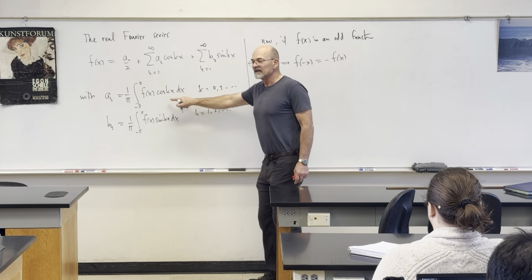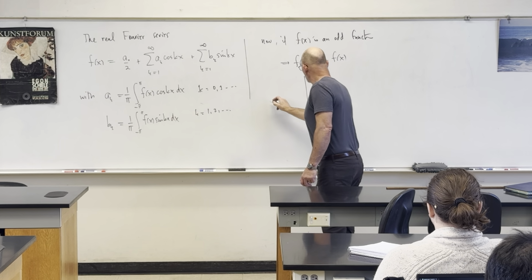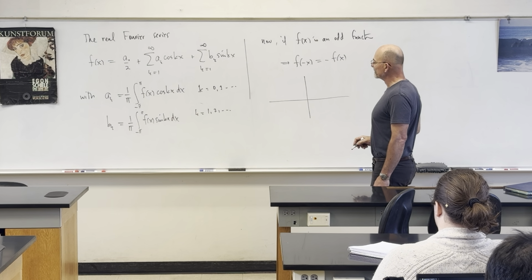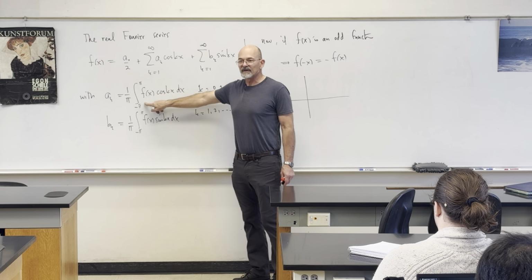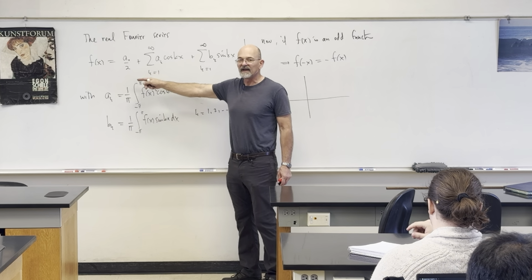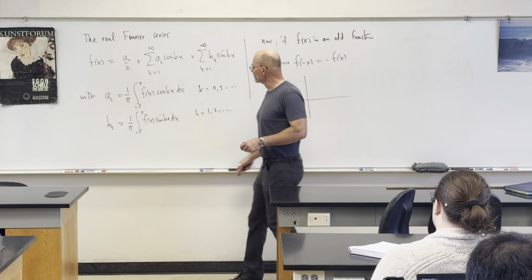Okay. You can do a formal proof, but visually, it's really clear. The cosine is even, and you've got an odd function. So if you break it up into two integrals, minus pi to 0, 0 to pi, one of them is exactly the negative of the other. Okay.